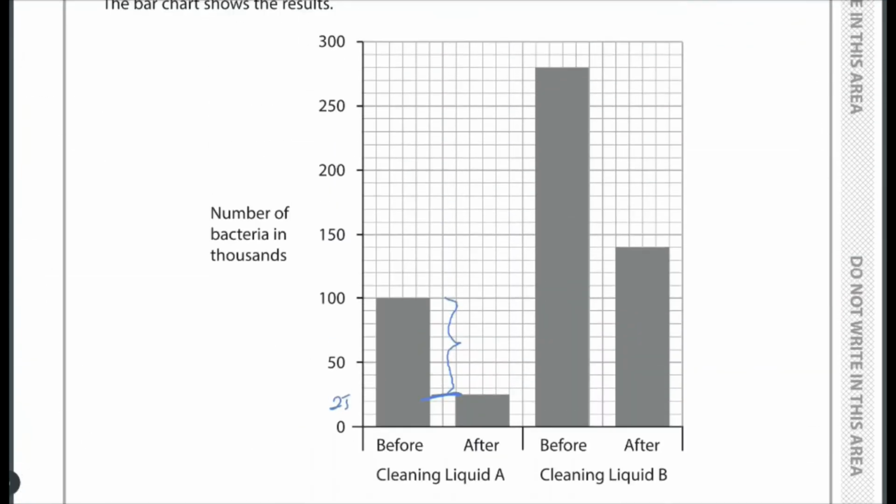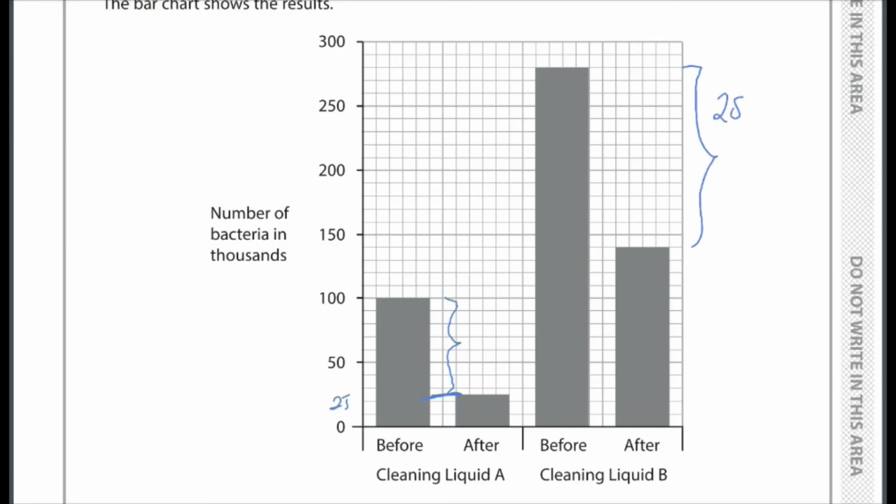Now, if you look at these two charts, after cleaning with cleaning liquid B there's a higher amount compared with cleaning liquid A. But on the tabletop where cleaning liquid A is used, the amount of bacteria initially available is less compared with the second tabletop. In the second one, it's around 280,000 and it has dropped to 140,000. So we'll look at how much difference there is between these two values.